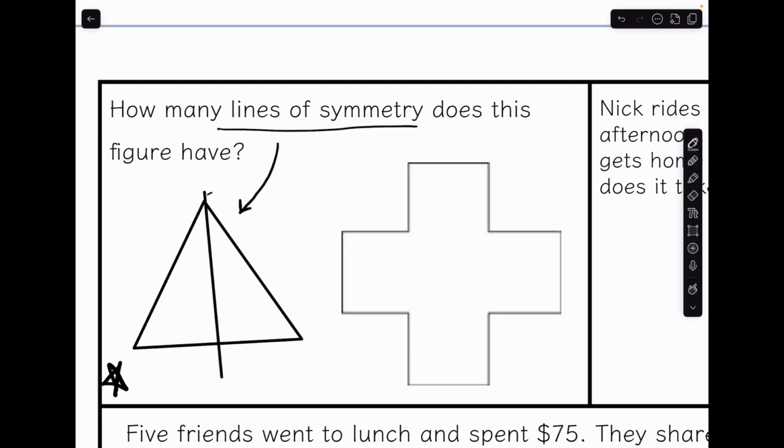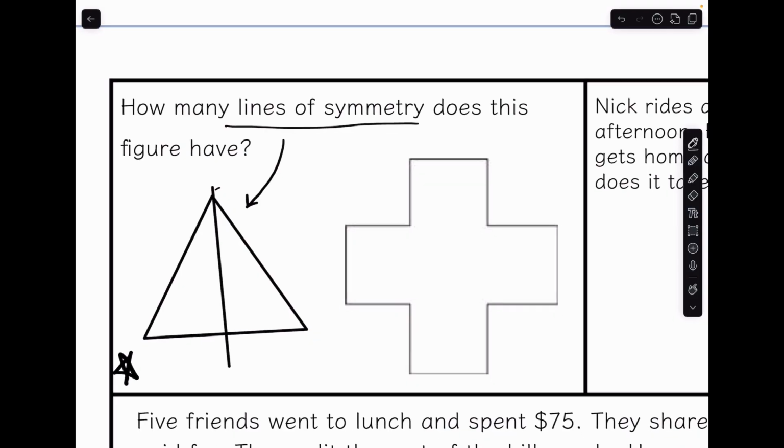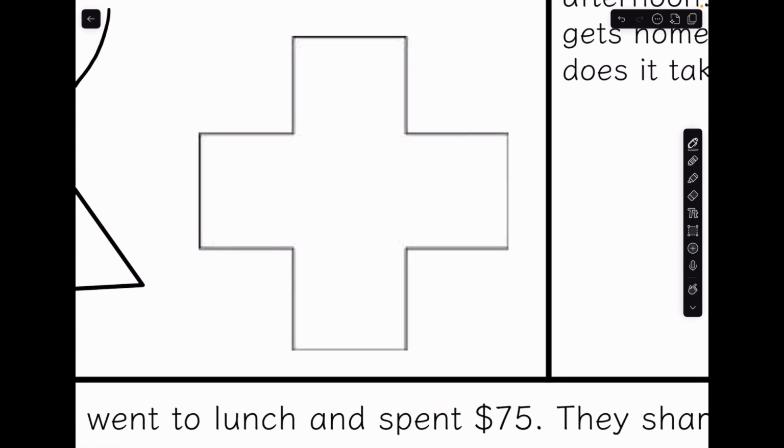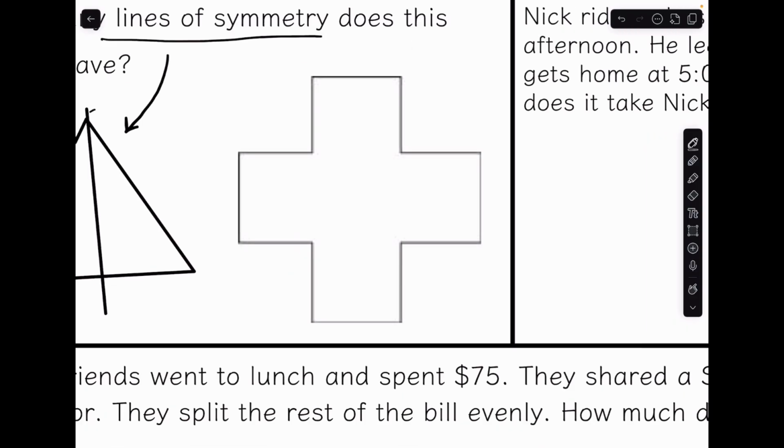Miss Henderson is not a computer, but I tried my best. But you guys can see that if we were to fold this triangle one time, it should be the same on both sides, okay? So that line of symmetry means that when I fold it at that line of symmetry, it is the same on both sides. When y'all look at this figure, I want you guys to make those lines of symmetry on there.